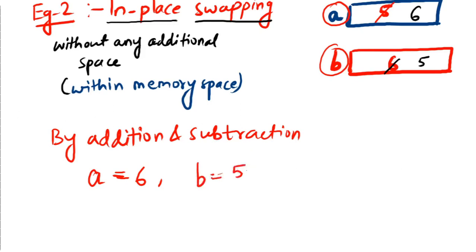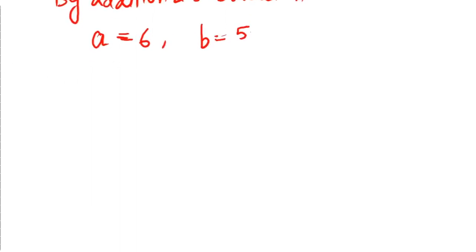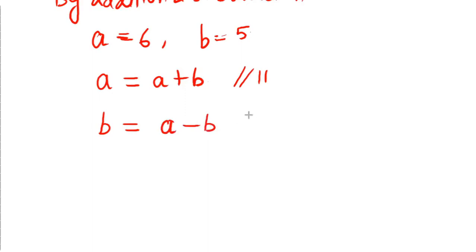Now one needs to swap these by using addition and subtraction. First, A will now have the value of 11. B will then take A minus B, which is 11 minus 5, which is 6. Now B will have the value of 6.